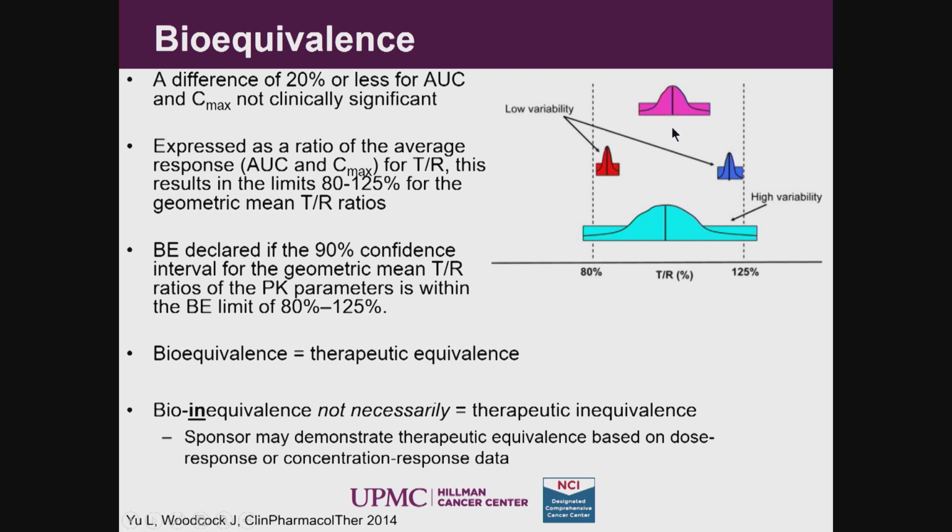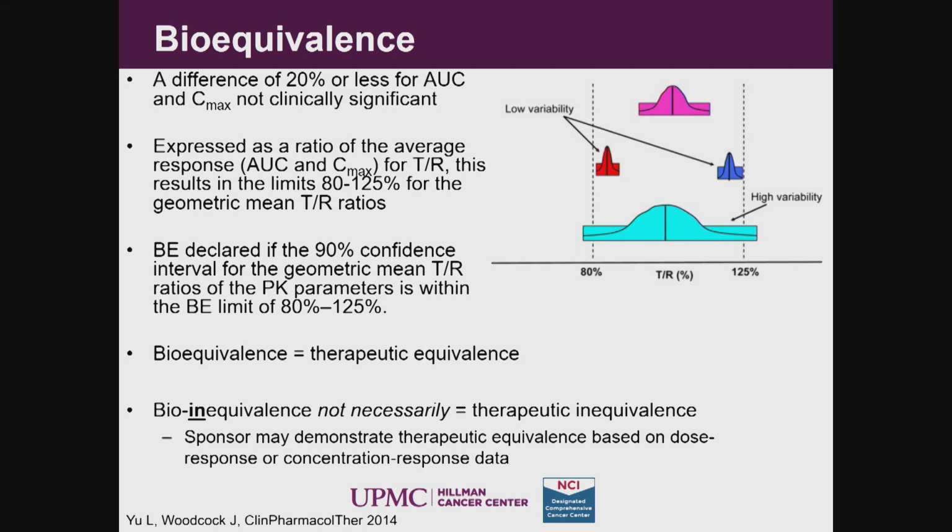If your formulations are equivalent and you have a reasonable variability, your confidence interval falls completely within these 80 to 125% limits. You can have a bioequivalence that is not exactly 100%, but if your confidence interval is really tight, it can still fall within the limits and pass the test.